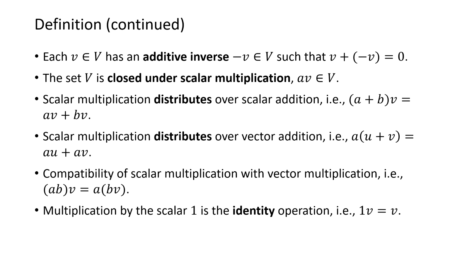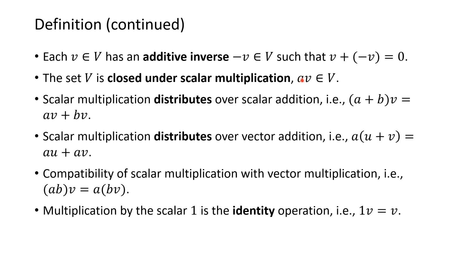Let's continue the definition of the axioms that are required to have a vector space. The first one here at the top of the slide is additive inverse. So every vector has an additive inverse, which we write as minus v, and when you add v plus minus v, you get the zero vector. The vector space needs to be closed under scalar multiplication.